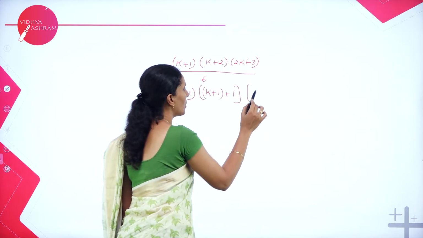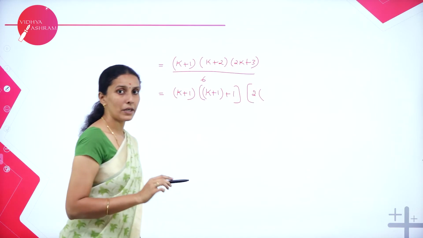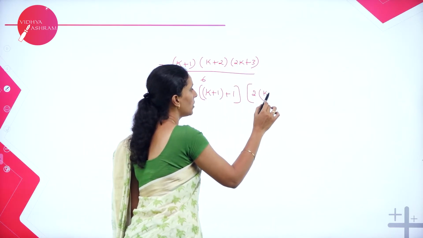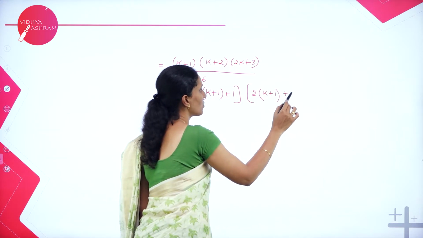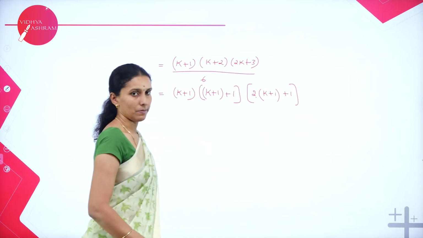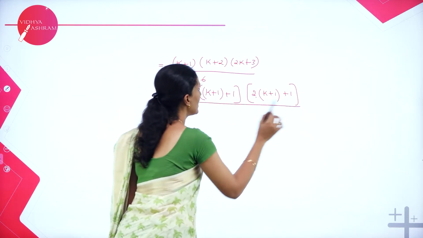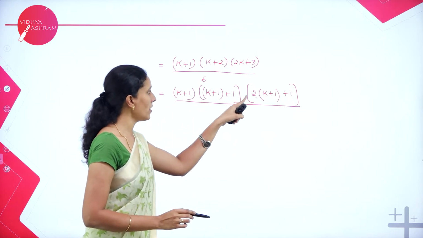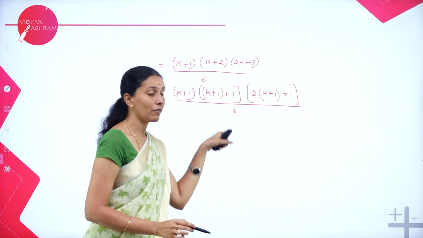And here you can take 2 as a common factor. 3 can be written as 2 plus 1. So if you take 2 common, it is 2 into k plus 1 plus 1. If you solve this, it is 2k plus 2 plus 1, which is 2k plus 3, whole divided by 6. Now this is in the form of n into n plus 1, 2n plus 1 divided by 6.